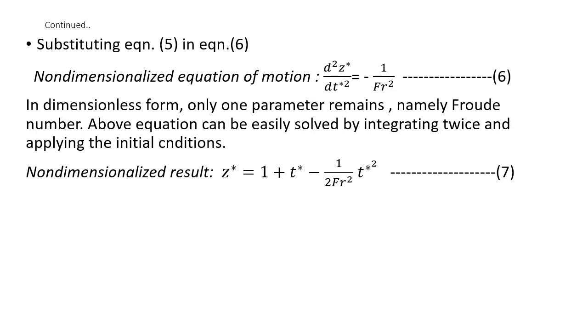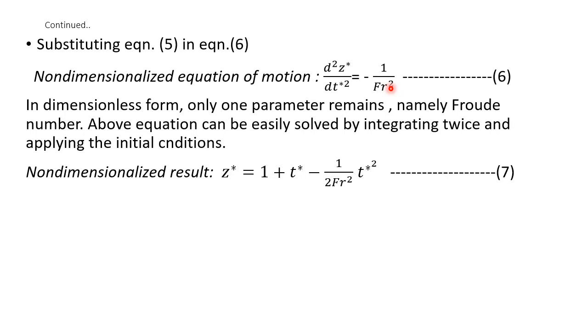So here I have a Froude number. When I take this to the right-hand side, d square z star by dt star square is equal to minus 1 by Froude number square. So in dimensionless form only one parameter remains, namely the Froude number. The above equation can be easily solved by integrating twice and applying the initial conditions.